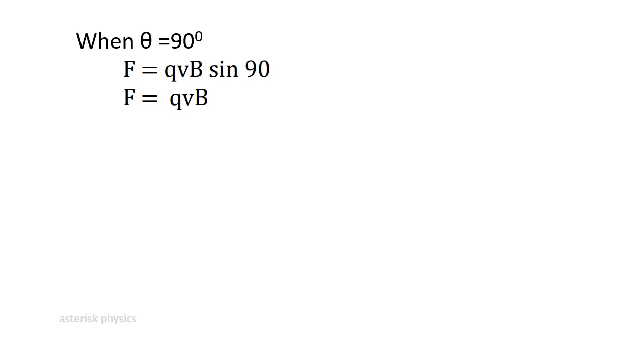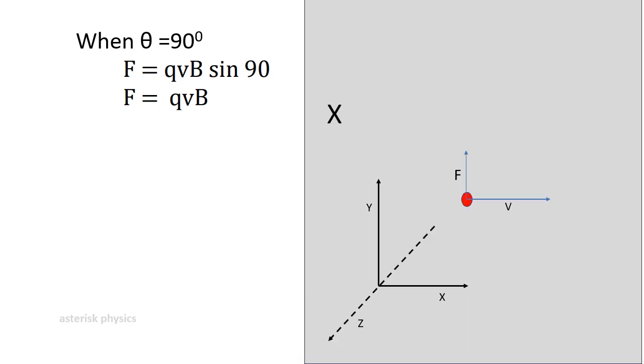Meaning, the magnetic Lorentz force will be perpendicular to the velocity vector and the magnetic field vector, which is shown there. Therefore, this force cannot change the magnitude of velocity, but it can change only the direction of velocity.